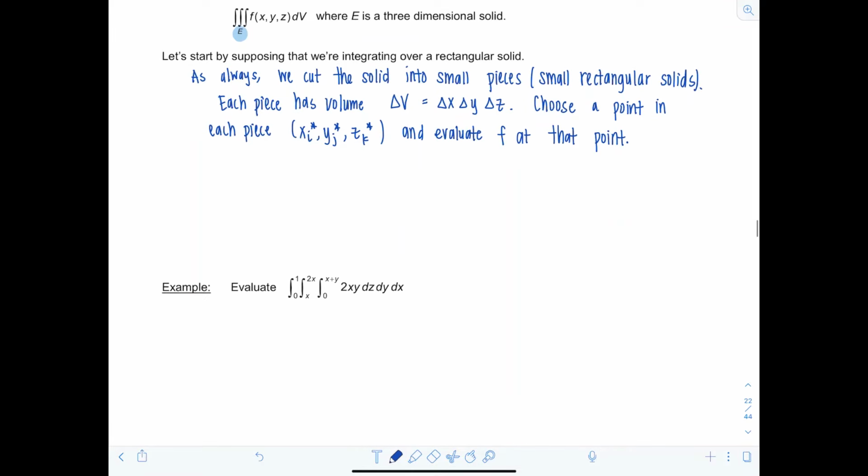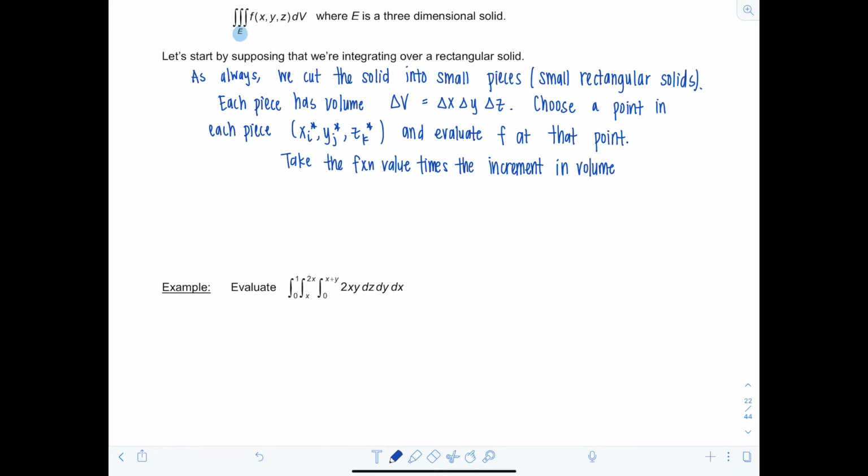And then from there, you would take the function values times the increment of volume. So that would be times your delta V.